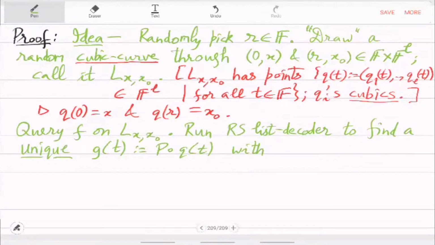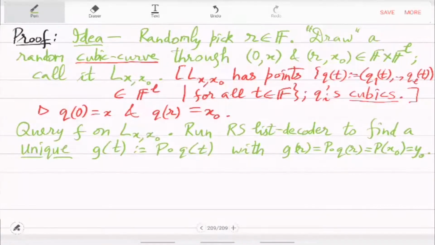At the point x0, GR is P of QR, right, which is P of x0, which is y0.